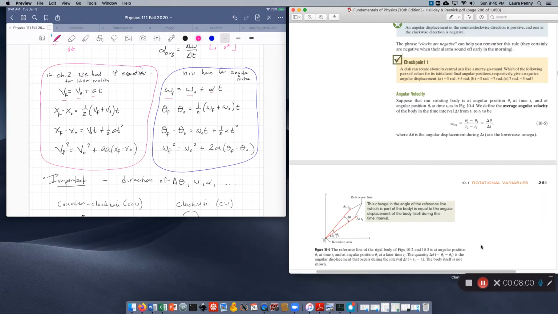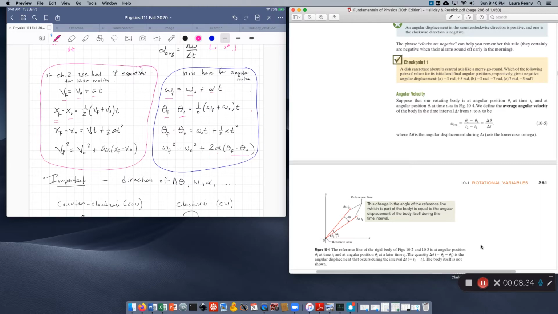Any place we had x, we're going to have theta. So we had x final and x initial, now we have theta final, theta initial. And essentially that's where these equations come from. So this is 2 alpha, theta final minus theta initial. In any equation we had in the past, we now have for angular motion. And so these are the 4 equations we're going to use for some of the things we need to solve in our homework from chapter 9.